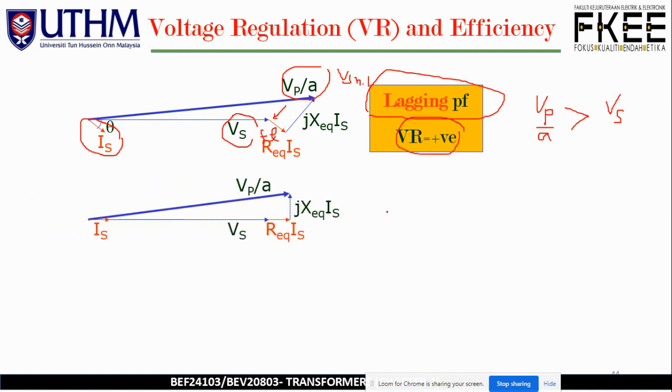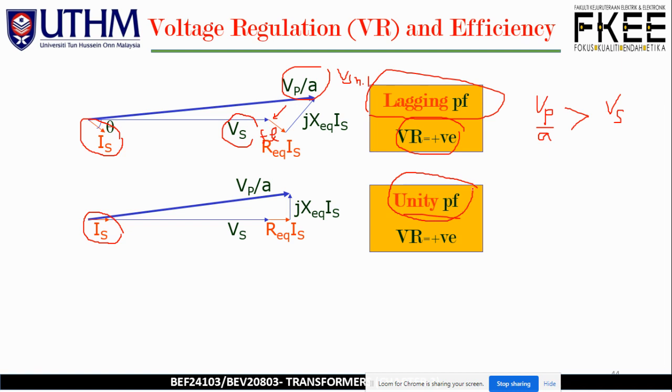Okay, and then the second condition is the unity power factor. Again, refer to the Is position. It is actually in line with Vs, and we know that the phasor diagram is under the relation of unity power factor.